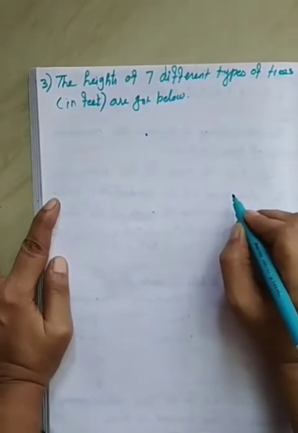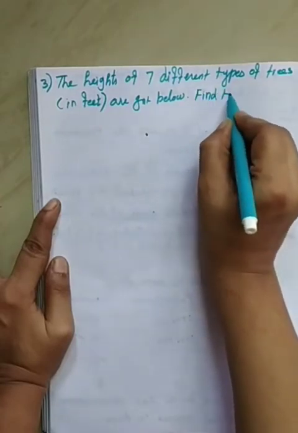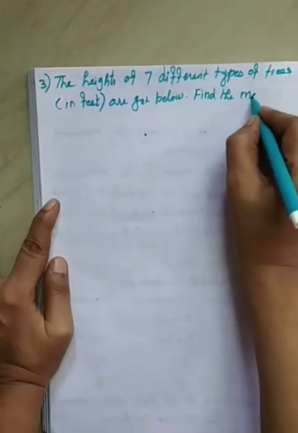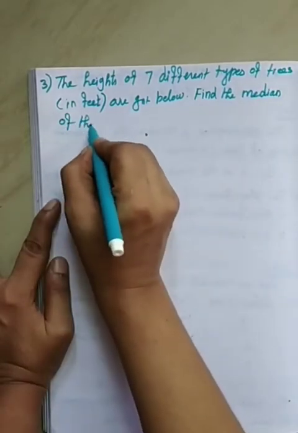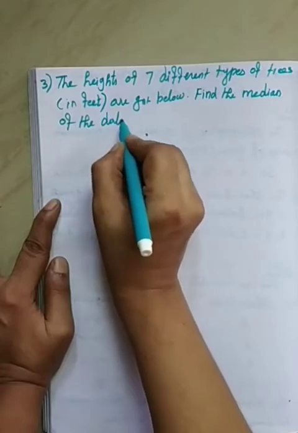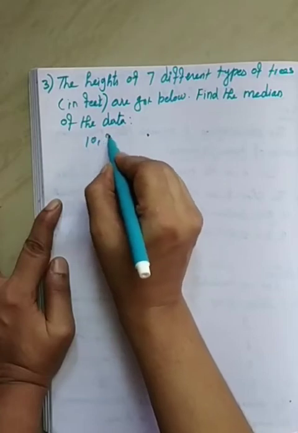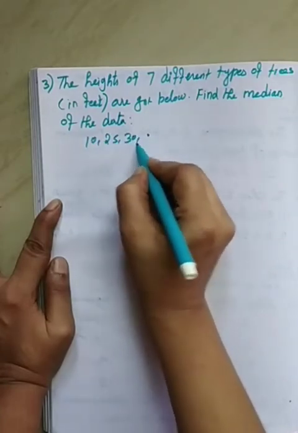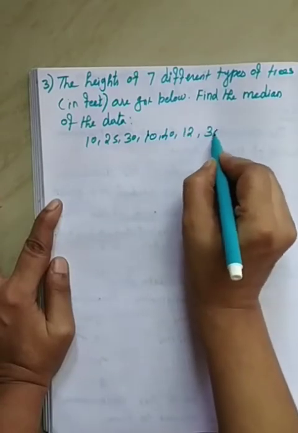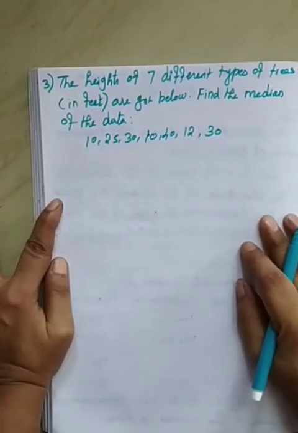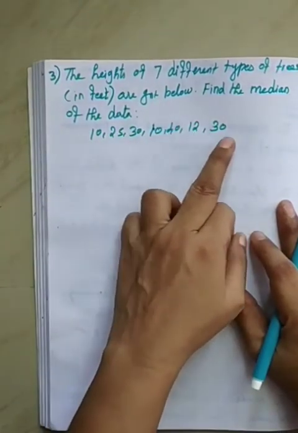Find the median of the data. See here, the numbers are 10, 25, 30, 10, 40, 12, and then 30. In this data there are 7 values.